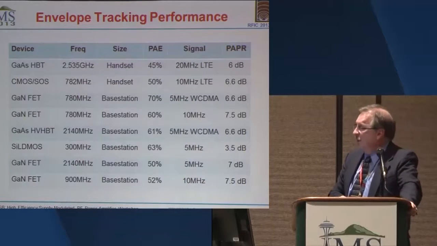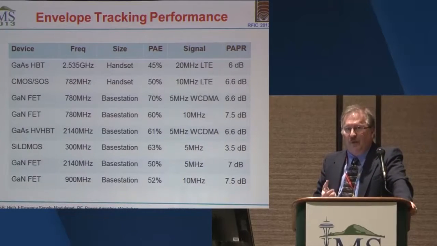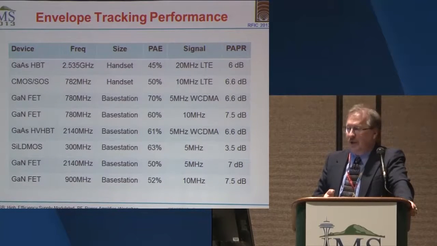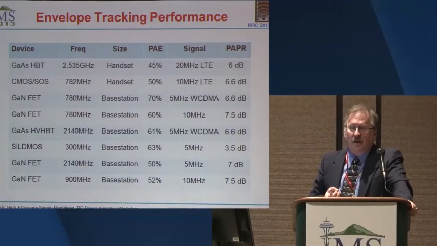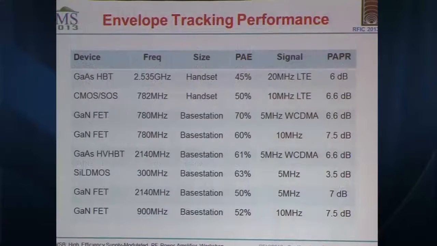And to kind of wrap things up, I wanted to give a few numbers to the performance that we're getting on the envelope tracking PAs at UCSD. The first couple are handset-sized envelope tracking PAs. And this isn't just the RF PA, it's the RF PA and the envelope modulator. So it's the total envelope tracking efficiency. Some of them to highlight: 6 dB peak to average ratio, 50% efficiency with a 10 megahertz bandwidth.